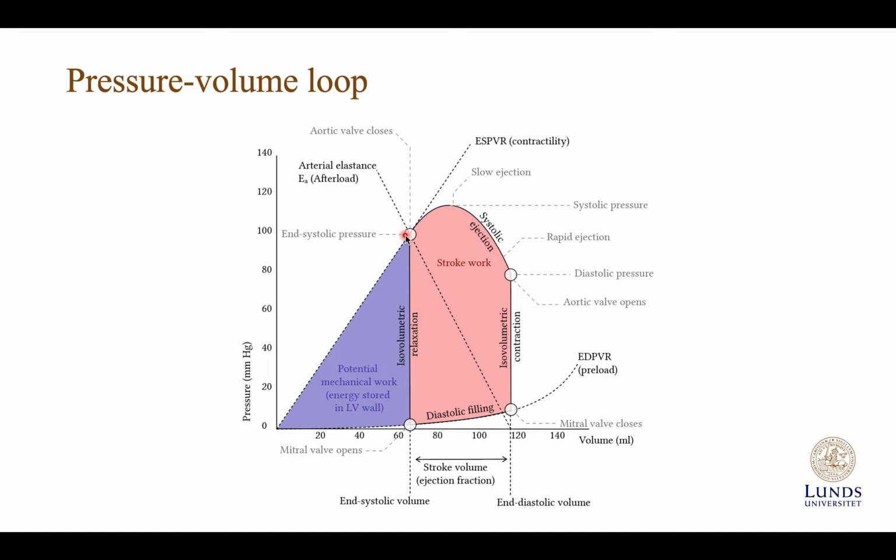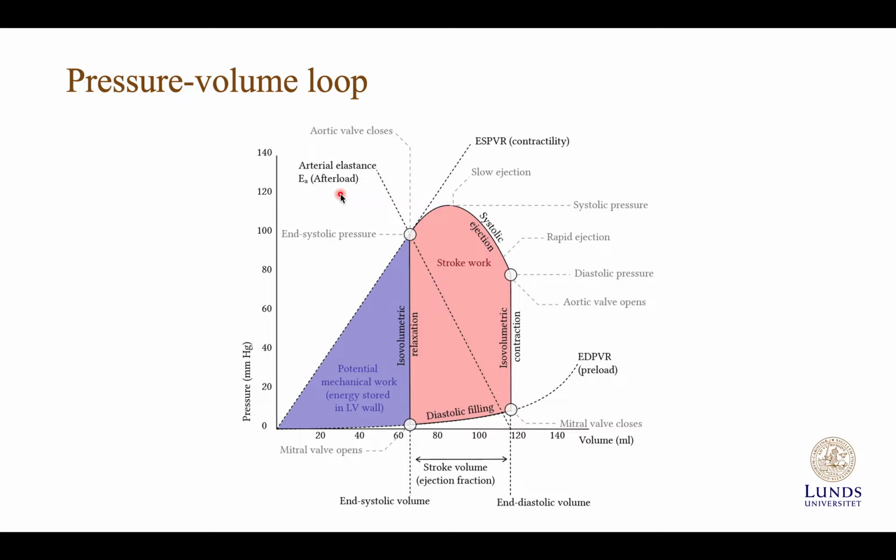This point constitutes a key moment, because that is when the ventricle's active pressure generating capacity, which is represented by this curve, and the load imposed by the arteries, which is represented by this curve, are equal.